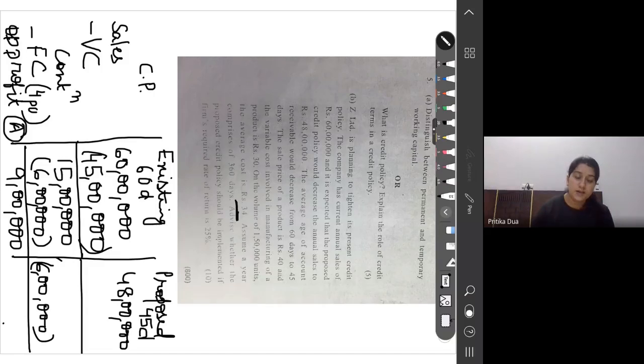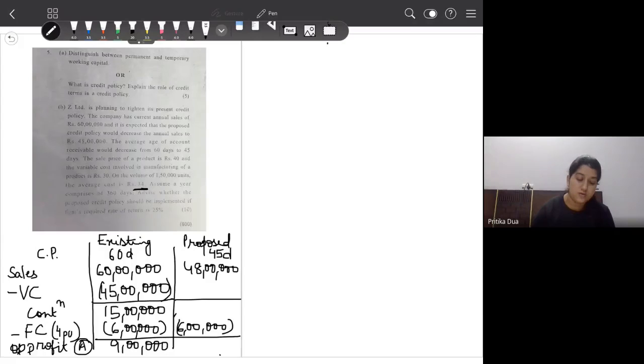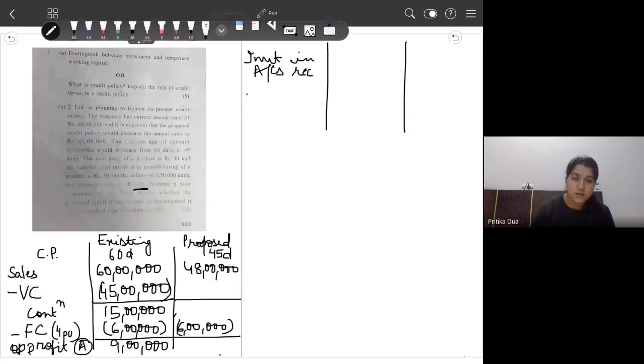Then we need to calculate the cost of investment in receivables. So first thing is we calculate what is the investment in accounts receivable. The formula for this is your total cost into credit period divided by number of days.